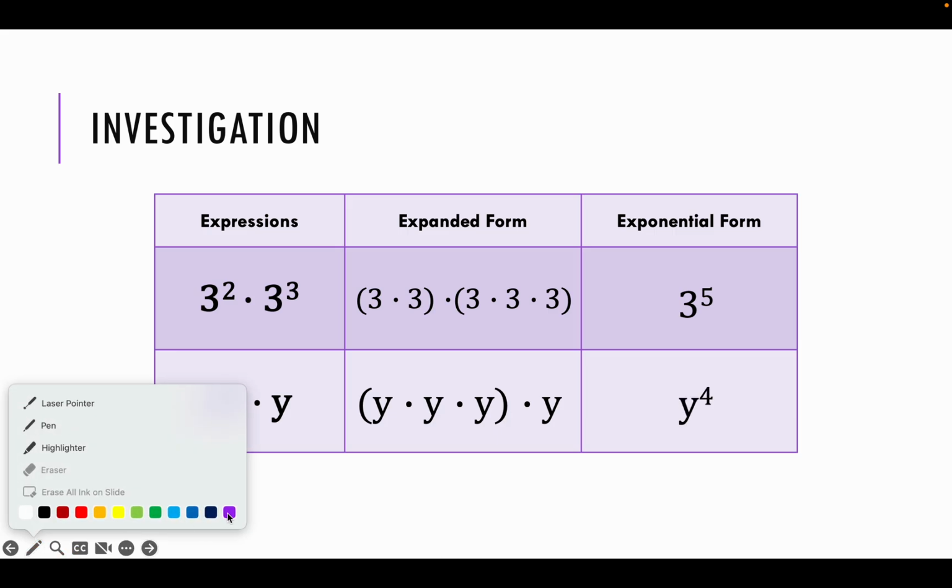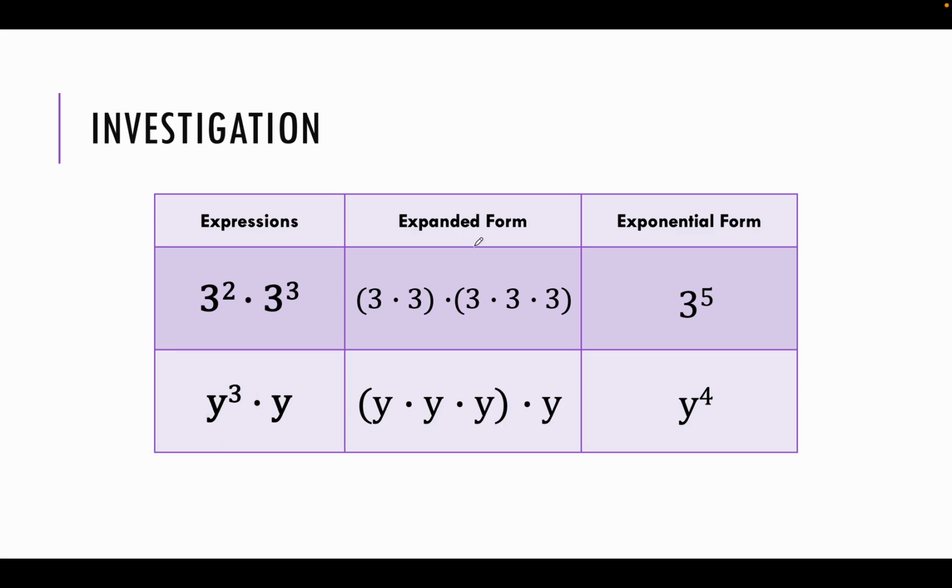If you notice, starting at the original expression, 3 to the second power times 3 to the third power yields 1, 2, 3, 4, 5 threes for our answer of 3 to the fifth power. We could simply add our two powers together to get our new power, as long as they have the same base number or variable.